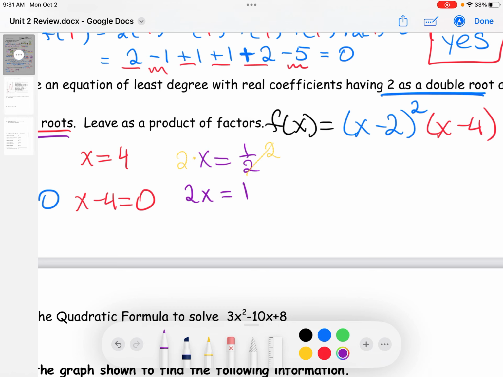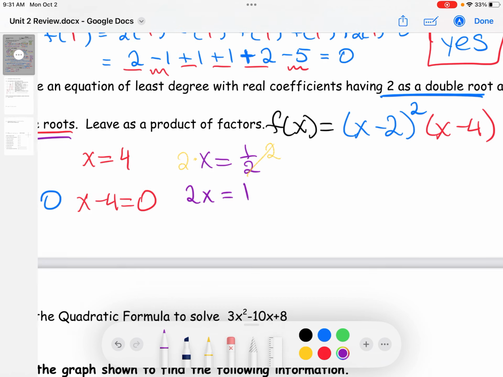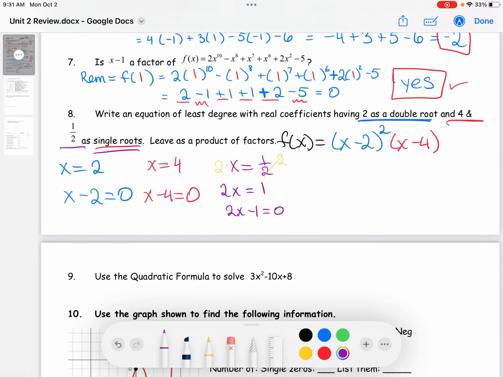So that gives us 2x equaling 1. And then to make that equal 0, we subtract the 1. 2x minus 1 equals 0. So 2x minus 1 is your final factor. This is completely factored.